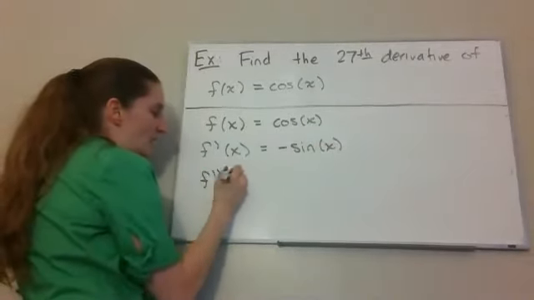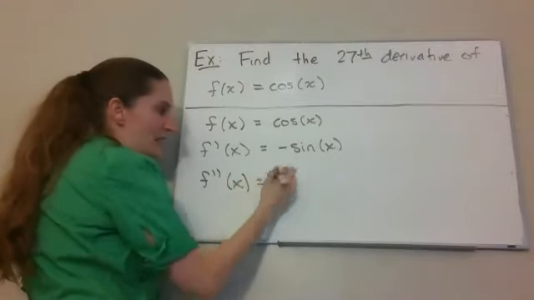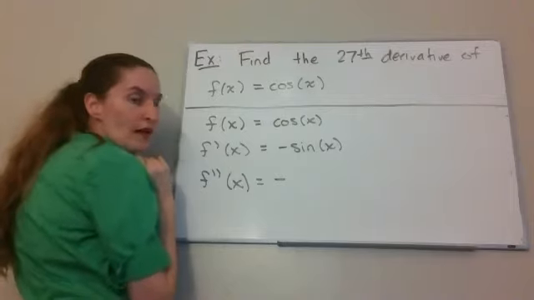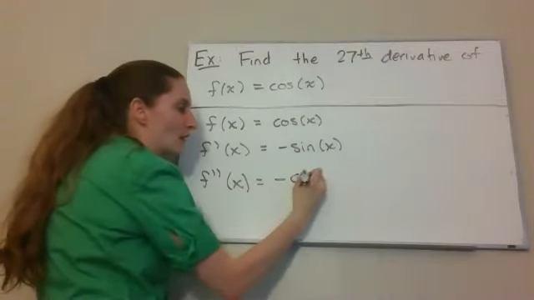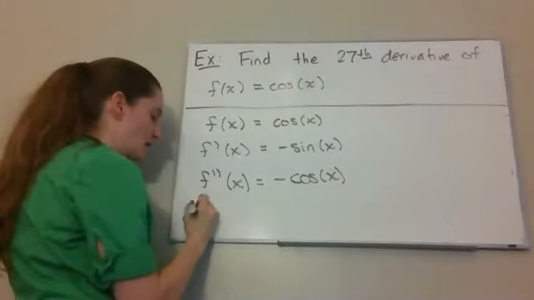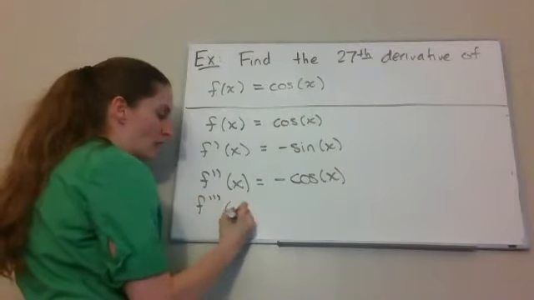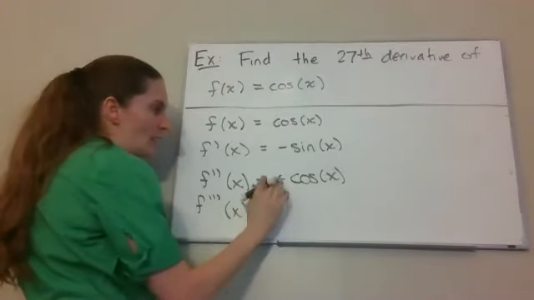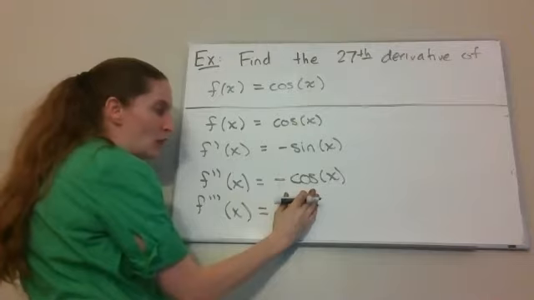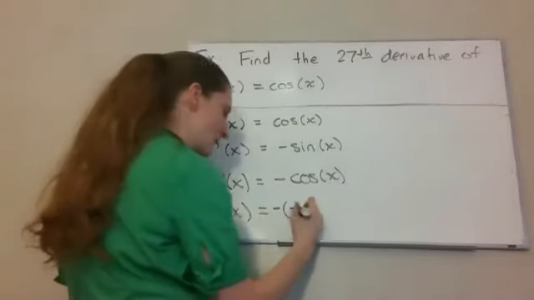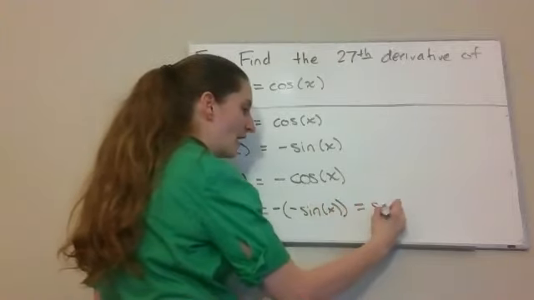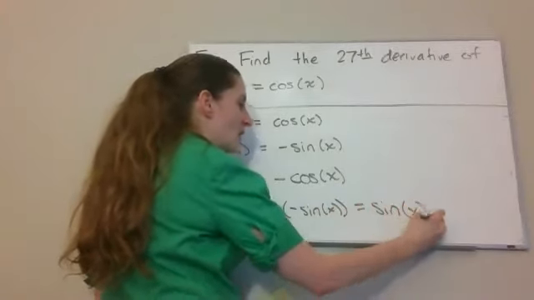My second derivative, my negative would get to stay there by my constant multiple rule, and the derivative of sine is cosine, so I get negative cosine. My third derivative, my negative would stay, and I would have derivative of cosine is negative sine. So when I simplify, I get positive sine.